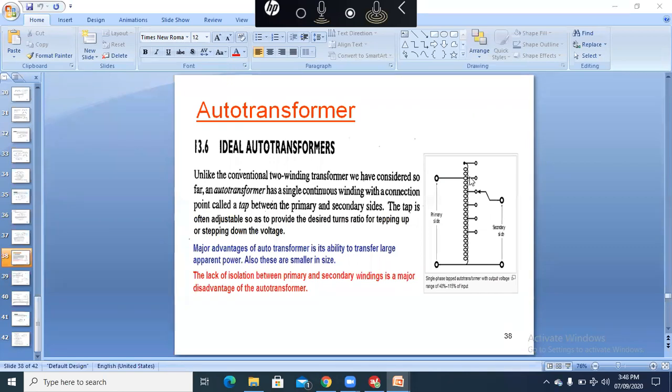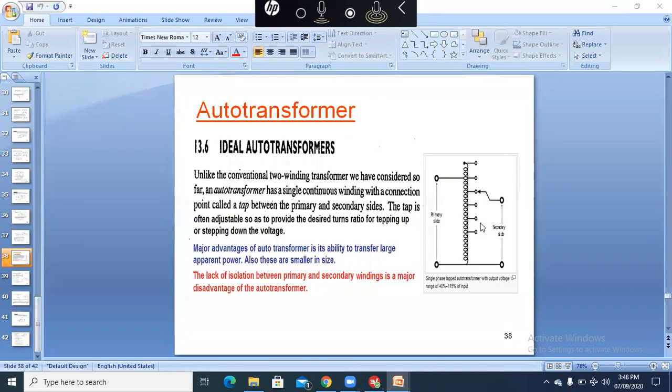An autotransformer is a transformer which has the same winding used for the primary side and secondary side. And there are several taps available to step up the voltage or step down the voltage, because we know that the secondary side voltage depends on the number of turns.